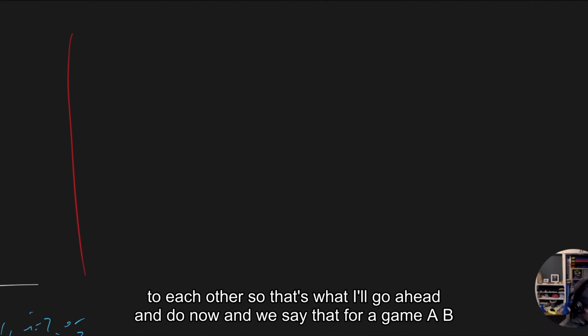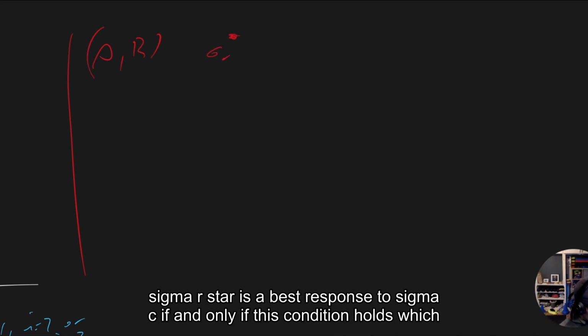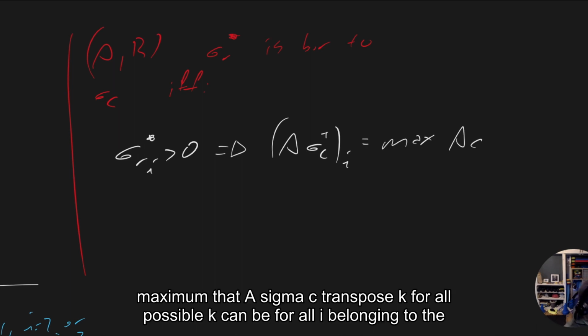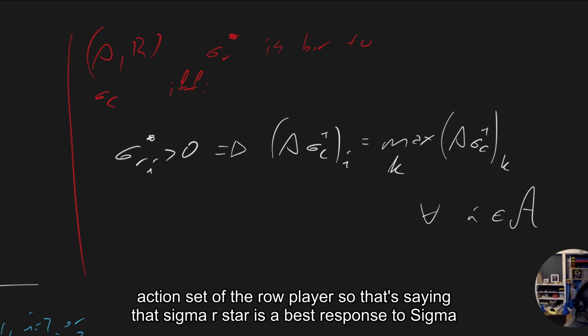We say that for a game A, B, sigma R star is a best response to sigma C if and only if this condition holds, which is that if sigma R star I is greater than 0, then A sigma C transpose I is equal to the maximum that A sigma C transpose K for all possible K can be, for all I belonging to the action set of the row player.